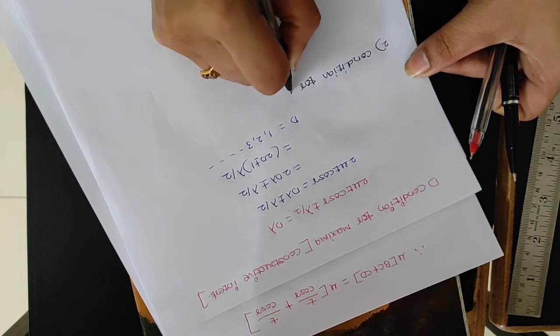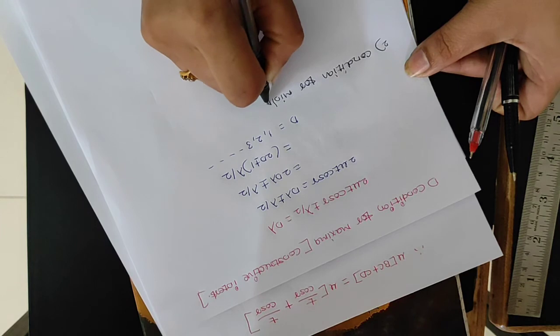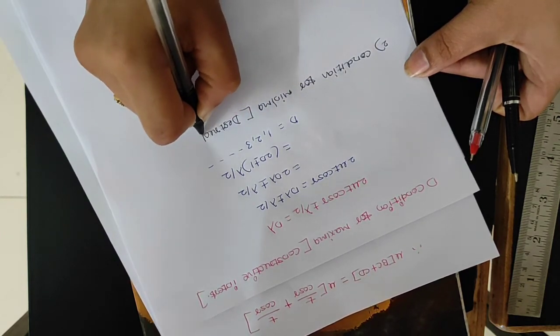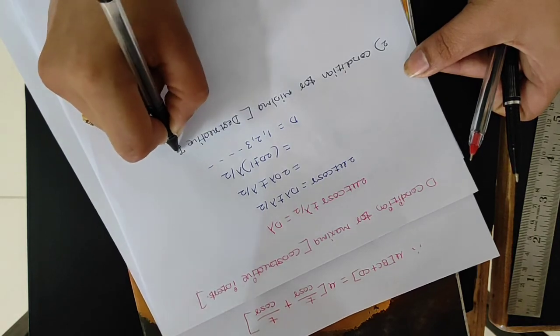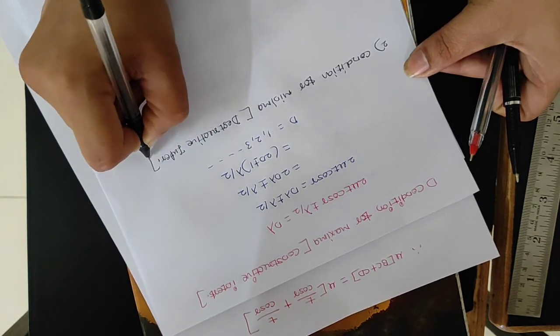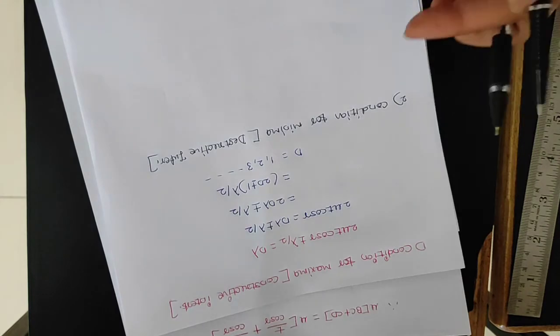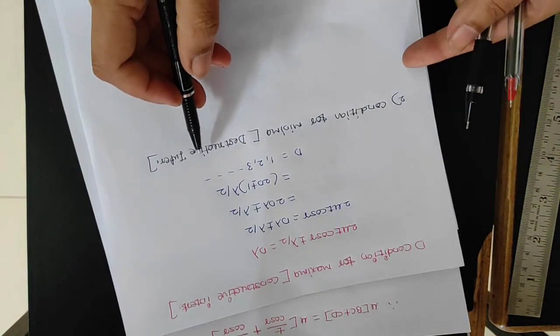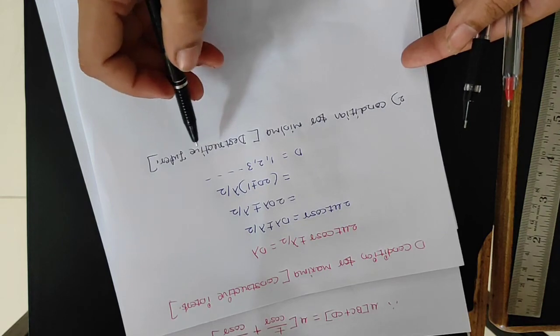Now condition for minima, or we can write destructive interference. Here also we know that the condition for destructive interference is 2n plus minus 1 into lambda by 2.